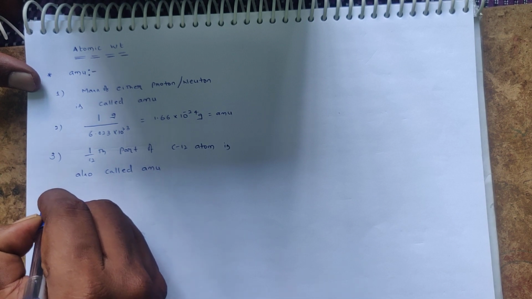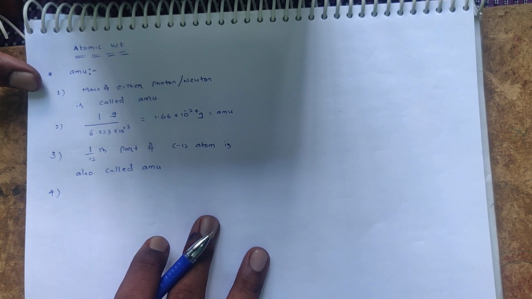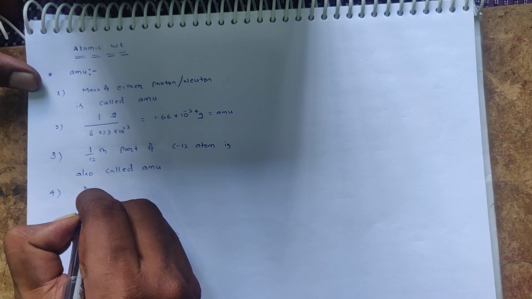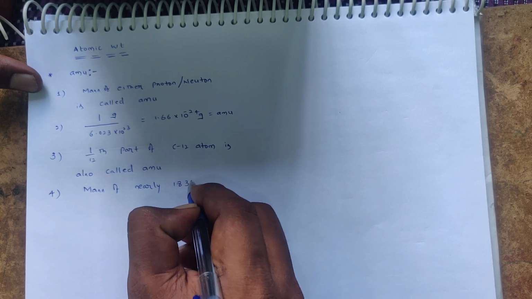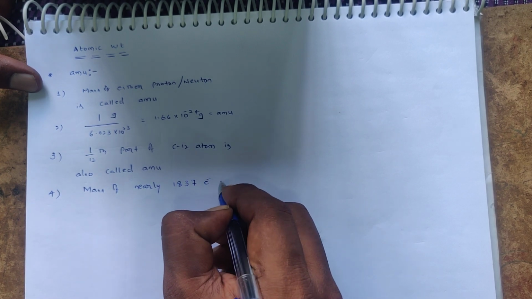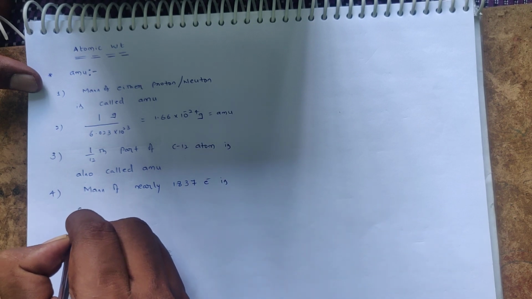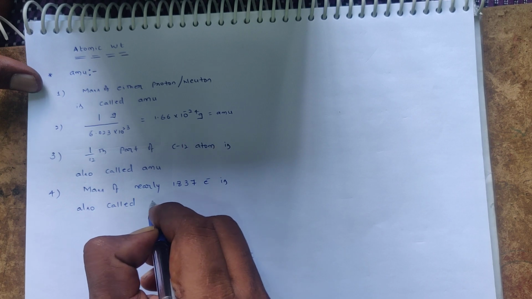Next definition: the mass of nearly 1837 electrons is also called AMU.